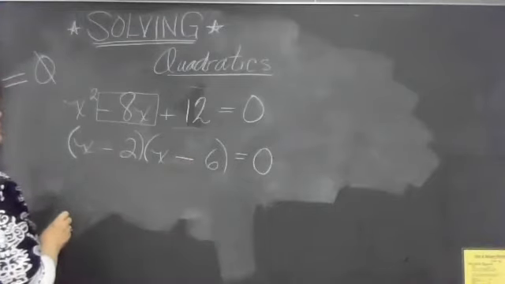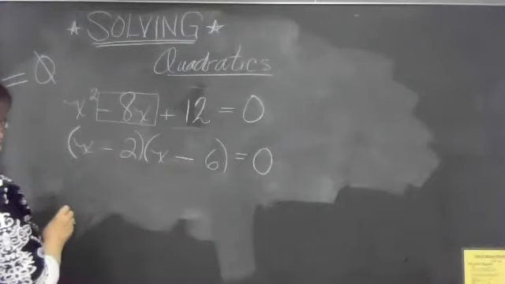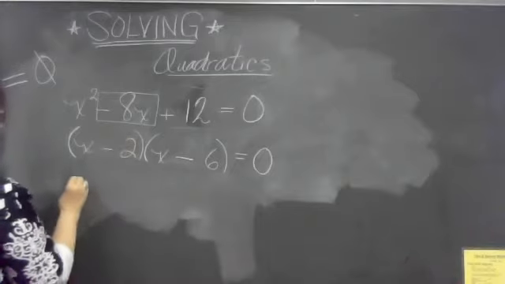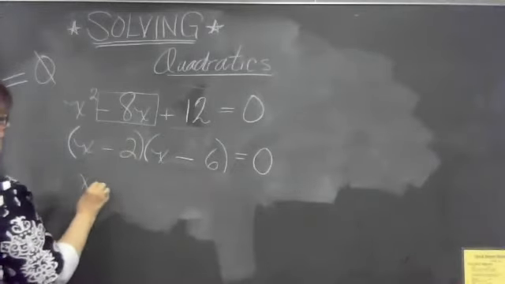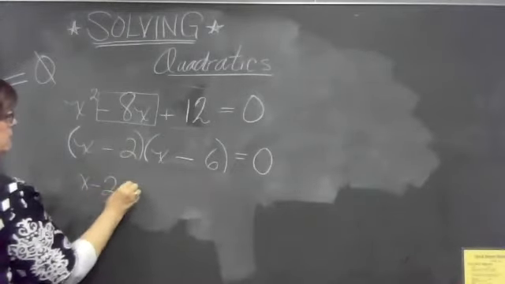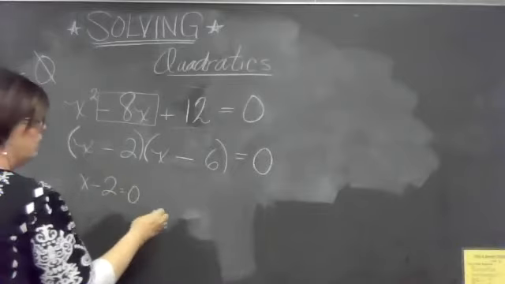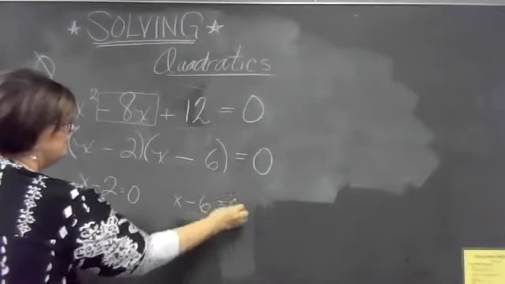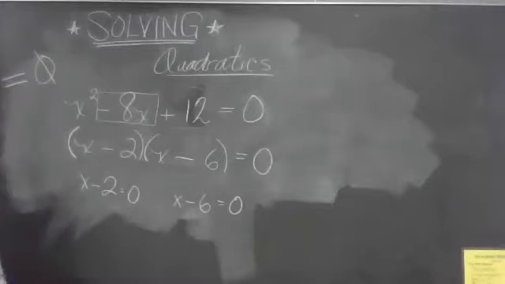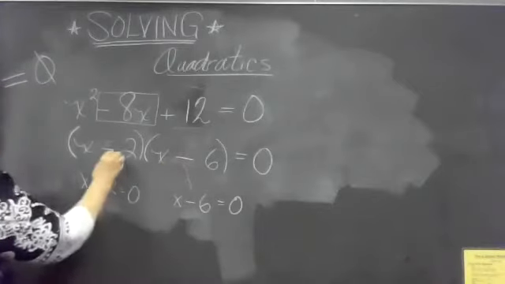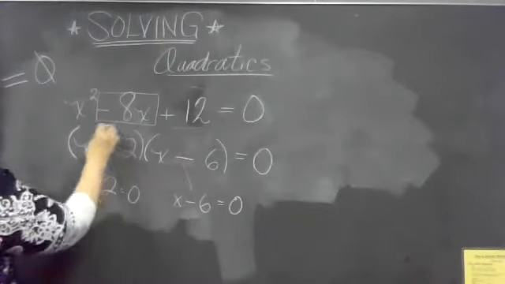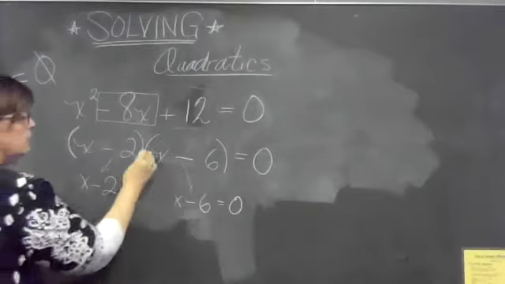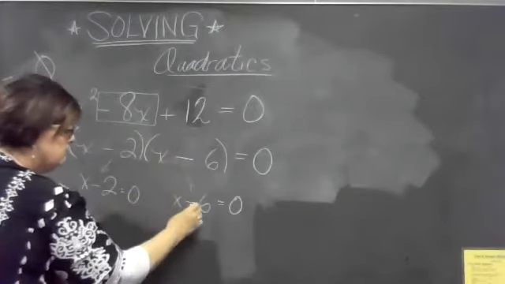So the way we solve this quadratic is we say x minus 2 could be 0, and or x minus 6 could be 0. I just did this and this, because this mystery number could be 0 or this mystery number could be 0.